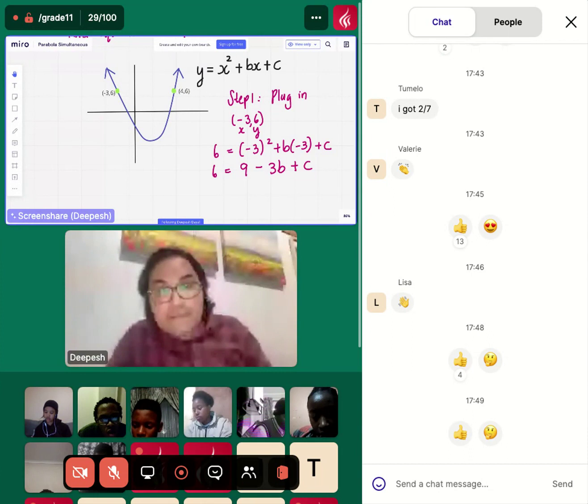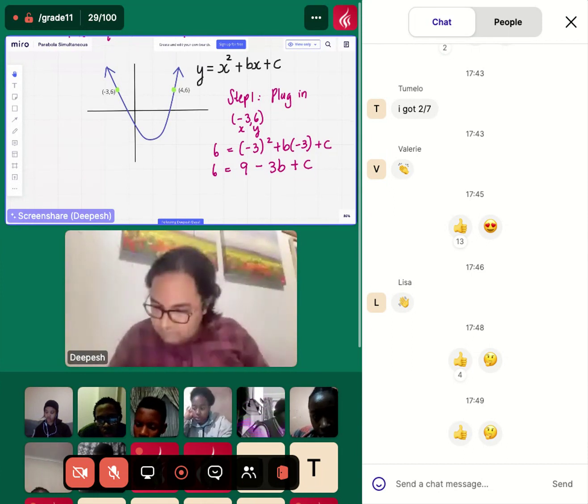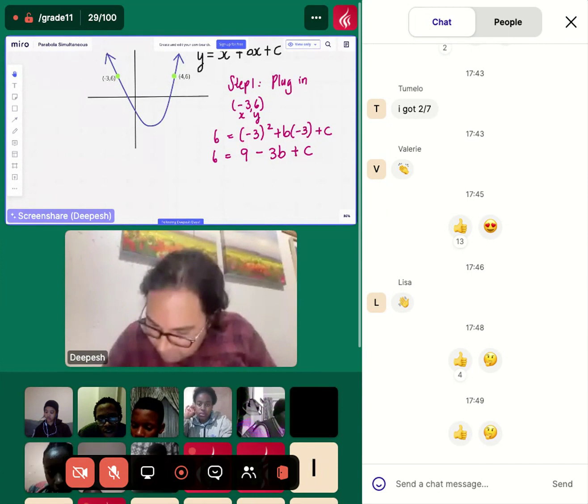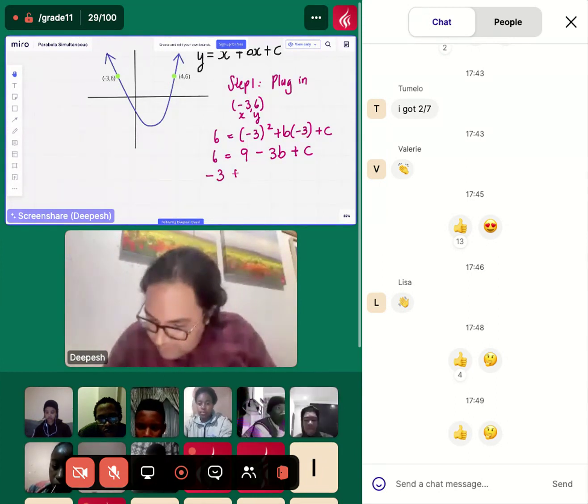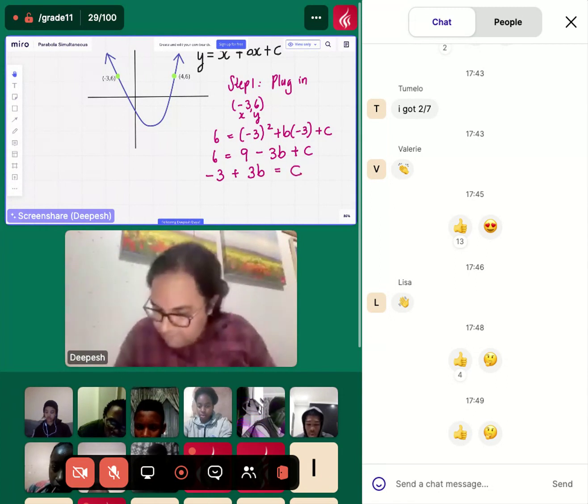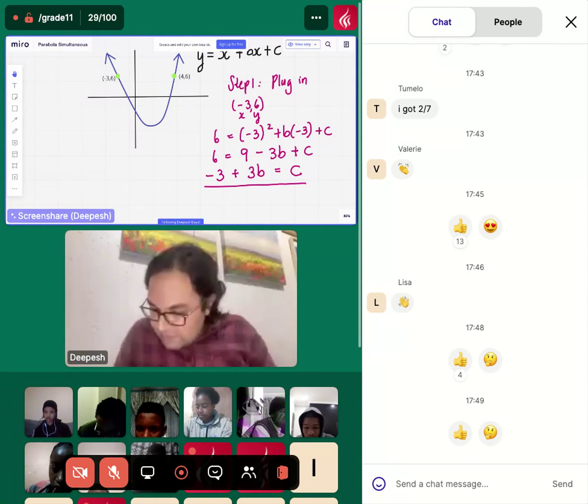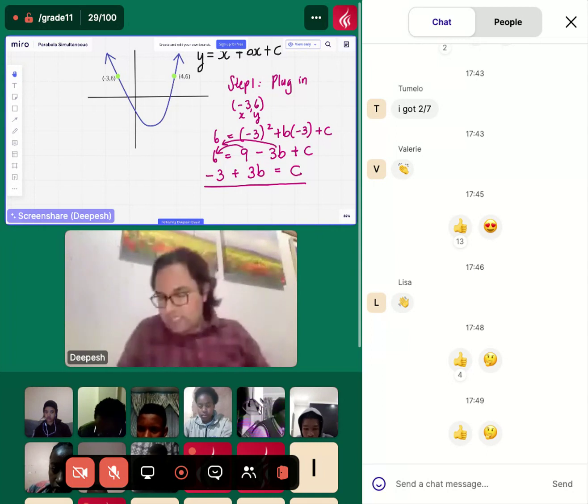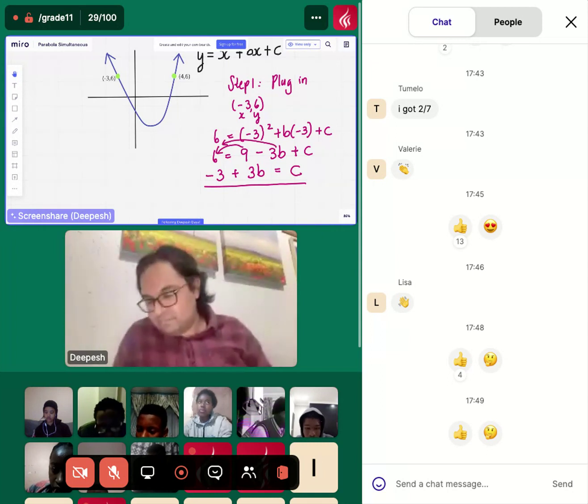I can neaten it further by making c the subject of the formula. And I can say 6 minus 9 is minus 3 plus 3b equals c. Because I've taken over the 9 and I've taken over the 3b.